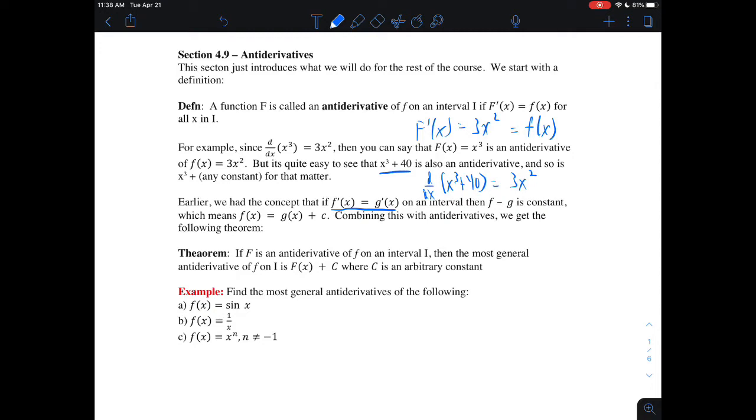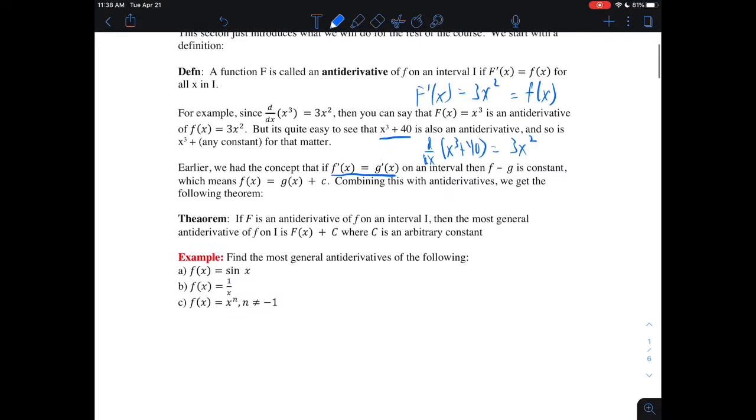If capital F is an antiderivative of lowercase f on an interval I, then the most general antiderivative of lowercase f on I is capital F of x, that's the antiderivative, plus some constant c. And we're just going to be using that constant, capital C, to stand for an arbitrary constant.